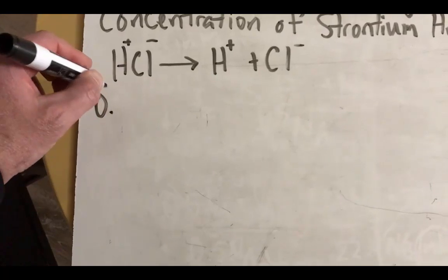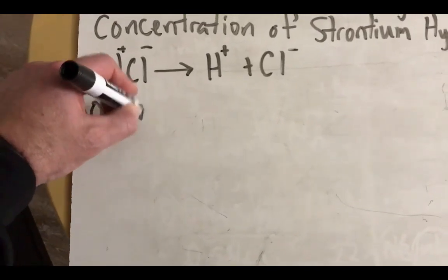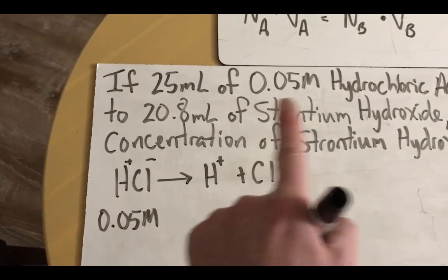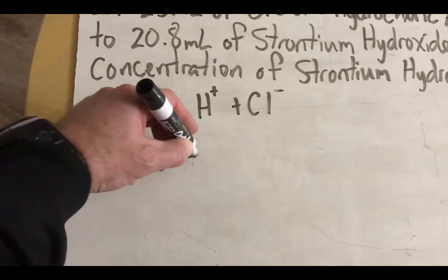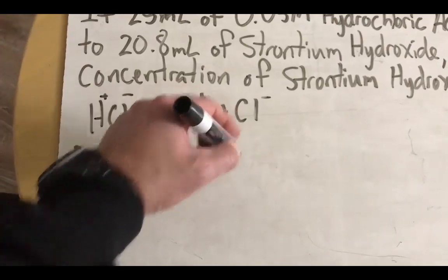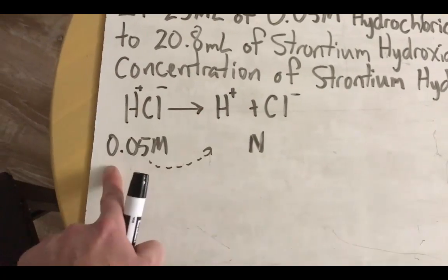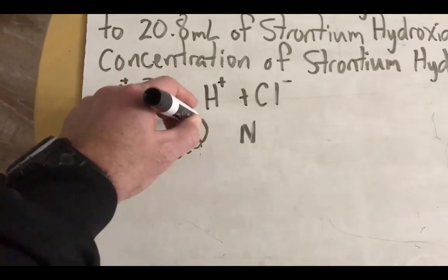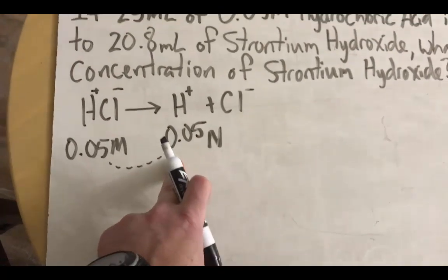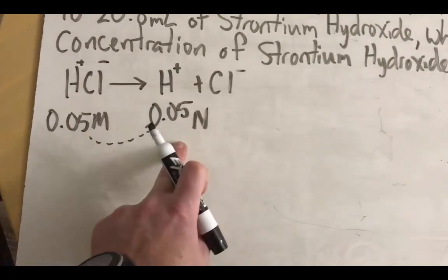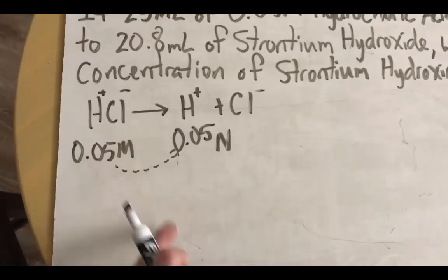So 0.05 molar right there goes here, but now I'm going to convert this to normality. Well, 1 and 1, I don't do anything with this number, so this is going to be the same answer. Okay, those are the same numerical answers. Remember, this is the hydrogen ion, this is the entire compound.